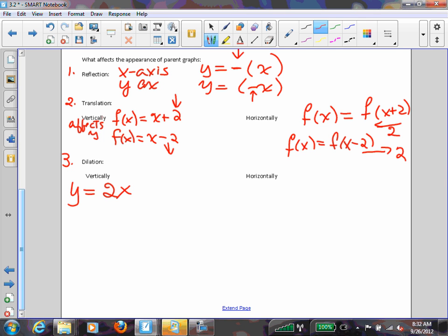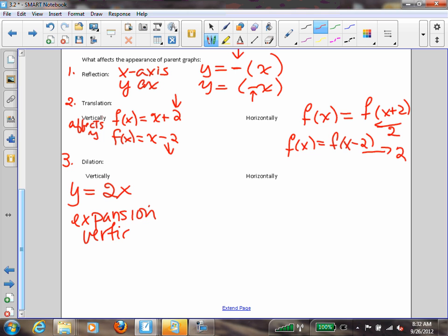The placement is really outside of the x, okay, because it's not in parentheses with the x. So this is called an expansion vertically. You got to tell me the direction of 2. So we're looking at this value. It's sitting outside. It's going to take my y value and it's going to raise it 2 units up. It's going to expand it by 2.